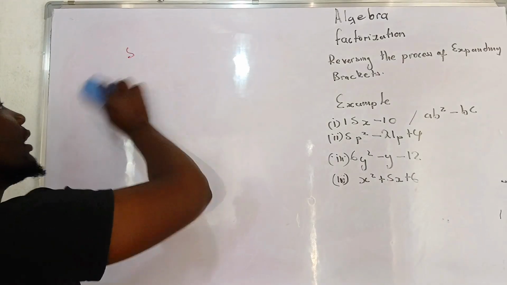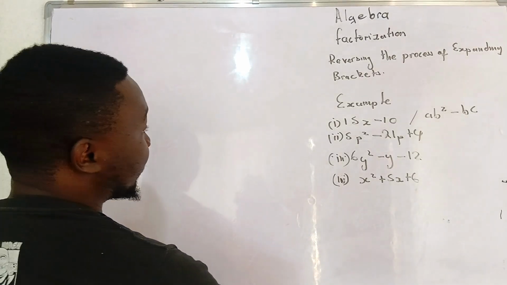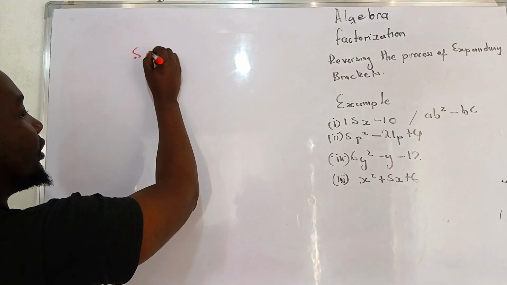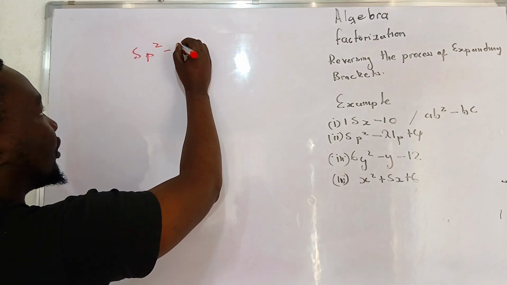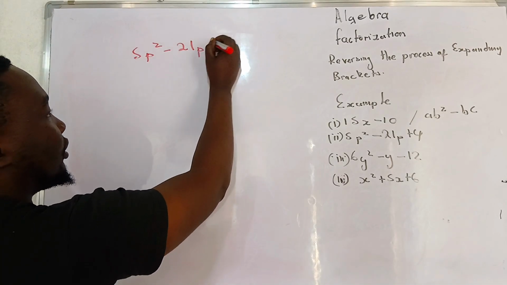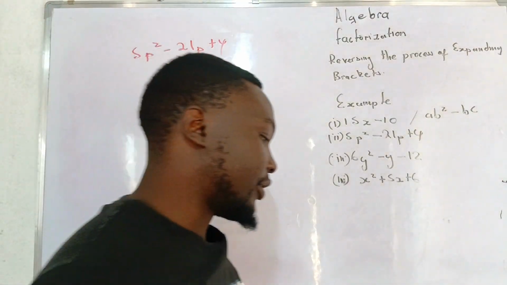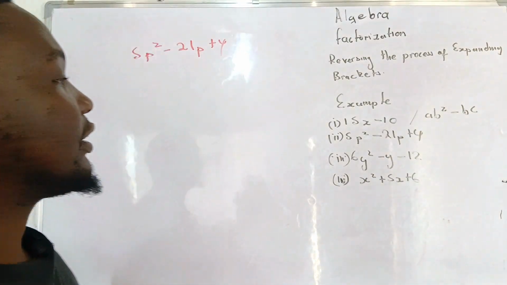Factorizing algebraic expressions. These are expressions, not equations. So you have 5p squared minus 21p plus 4. There is a rule here that we use to factorize.